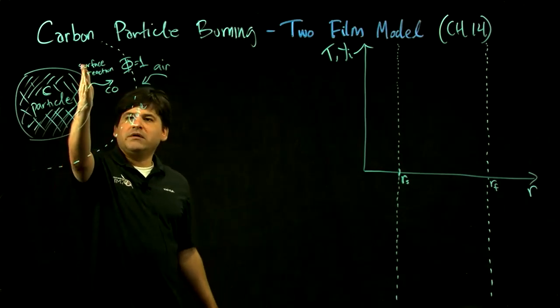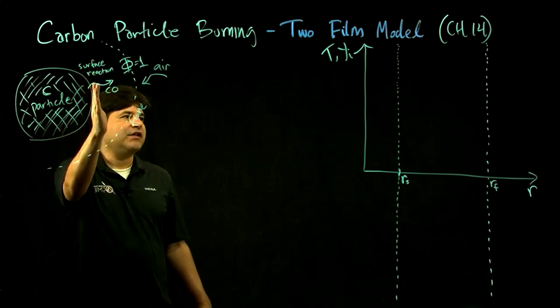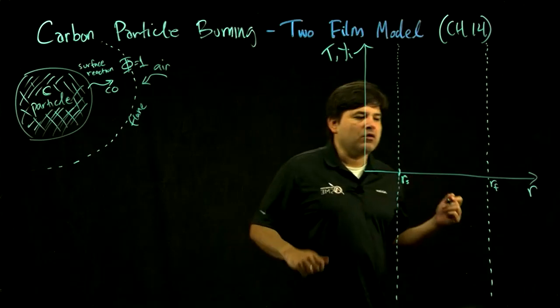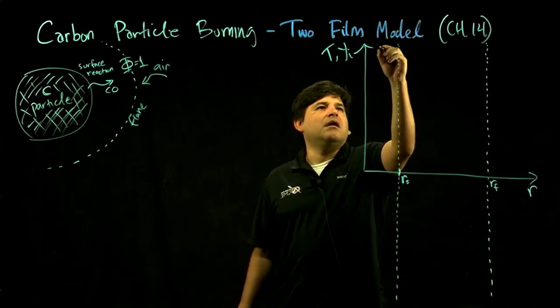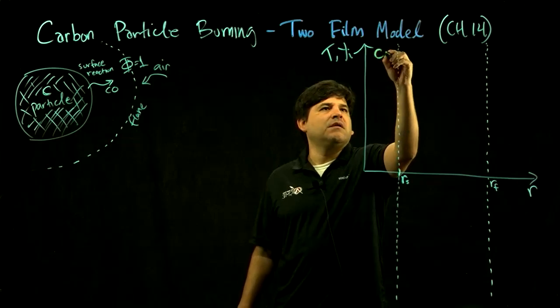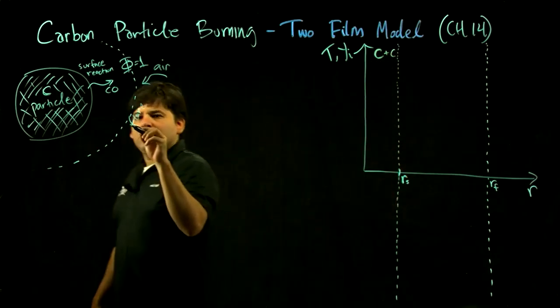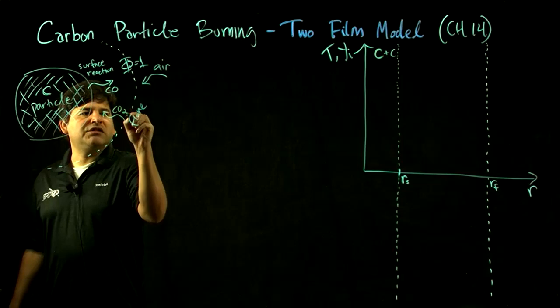The first one is a chemical reaction between the surface and the gas phase surroundings. And the specific model, which is again a simplification, will be carbon surface plus the CO2 coming from the burning product. So this product of combustion is CO2.